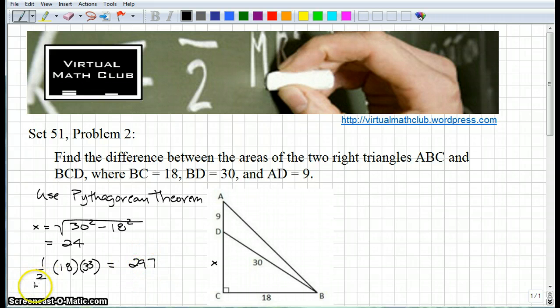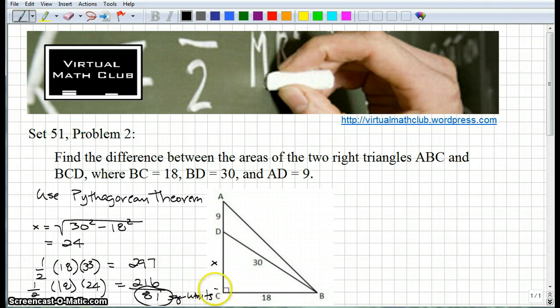And if we take one half base, and this time the smaller triangle, the height of that one will be 24, and we get 216. If we take the difference there, we get 81. And 81 is the correct answer. We get 81 square units.